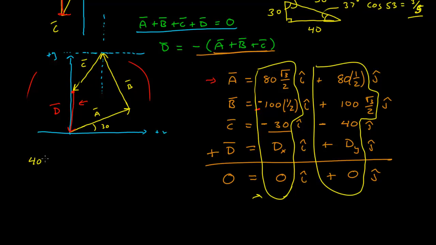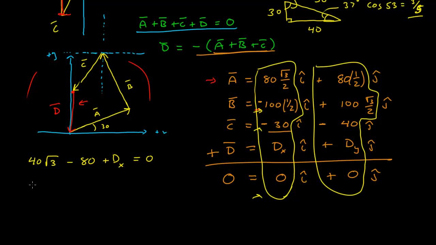So if I look at the x components, I have the following relationship. I have 40 times the square root of 3, that 80 over 2 there, minus 80, minus 50 here, minus 30, plus the x component of my final vector must be equal to 0.